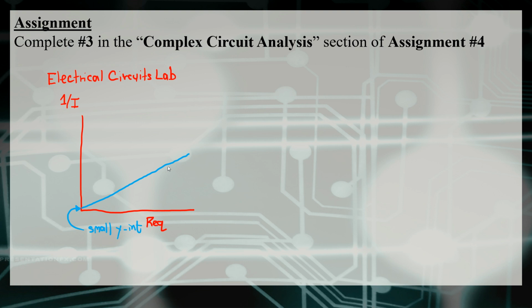But in terms of doing a proper analysis in this lab, you really do need to have a small y-intercept. So don't make that y-intercept equal to 0 when you're drawing a line of best fit through the data. It should be a very small y-intercept, and it should be positive, and that'll allow you to complete the proper analysis for the lab.